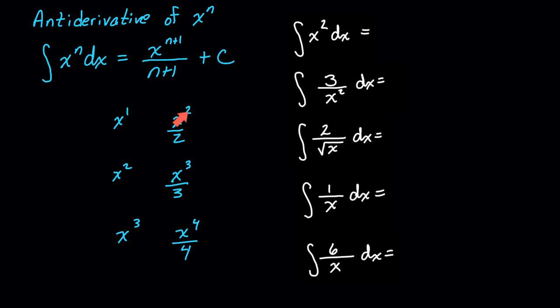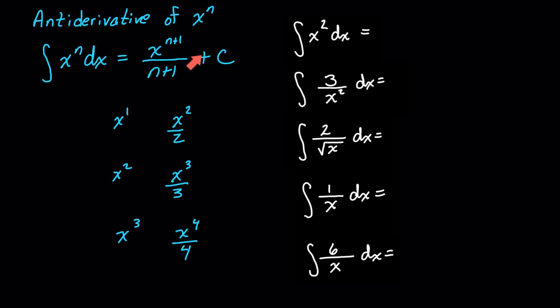Now notice the comparison between that exponent and this denominator. It's always going to be the same. So the new exponent also becomes your denominator. So the antiderivative of x to the n is x to the n plus 1 over n plus 1.